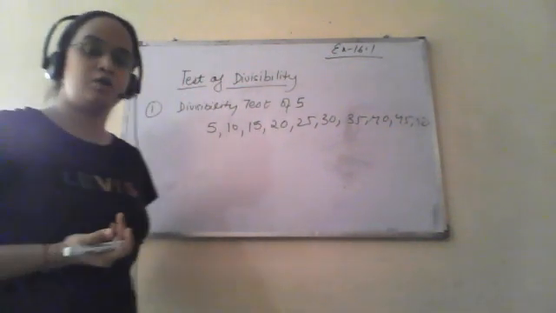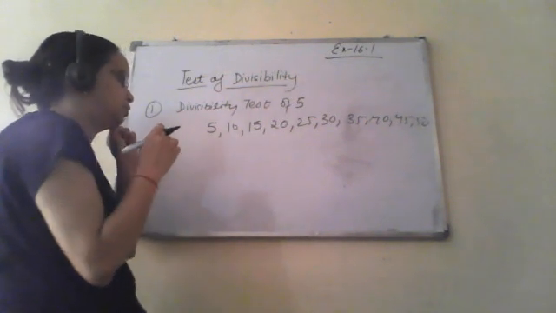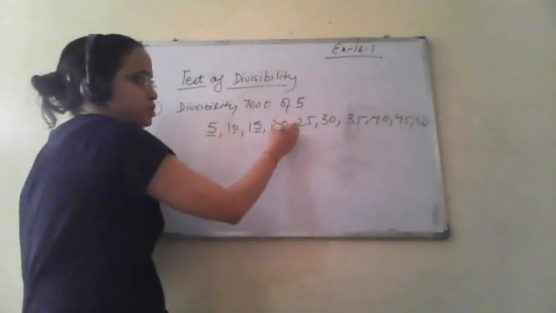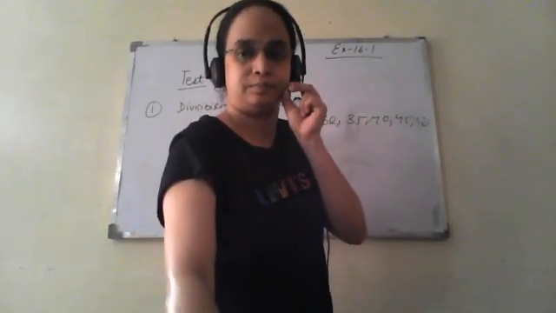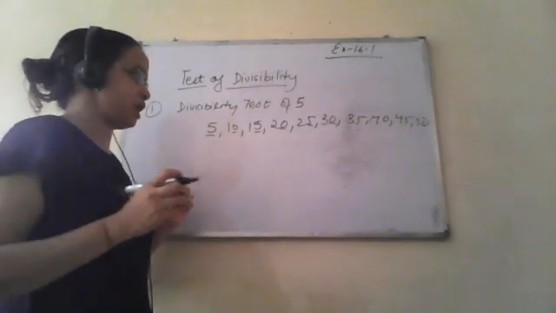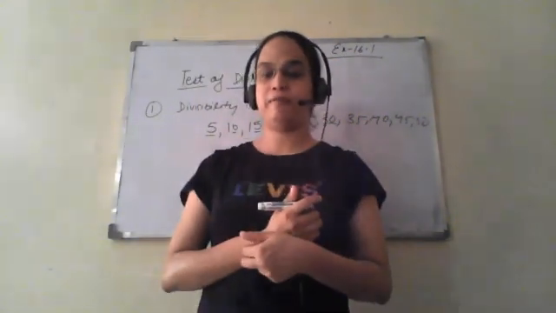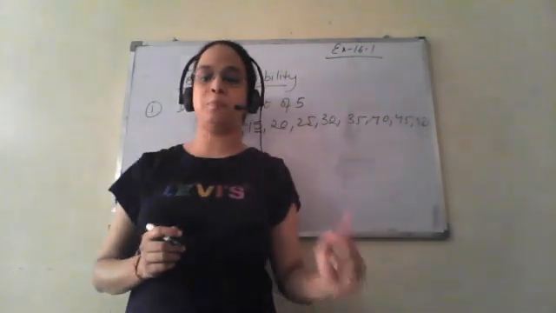Now, what are you observing at the unit place? It is either 5 or 0, 5, 0, 5, 0. So the divisibility test of 5 says that in order to be divisible by 5, a given number should have 0 or 5 at its unit place.